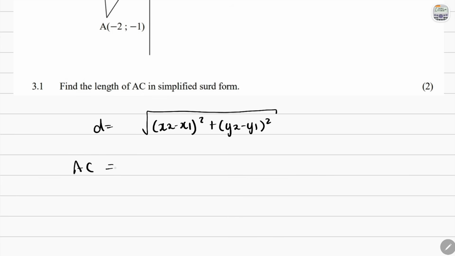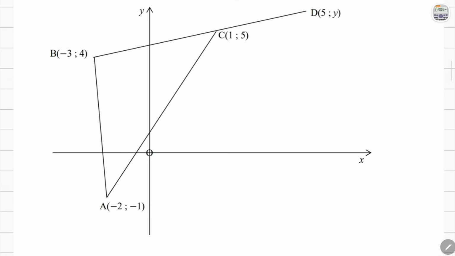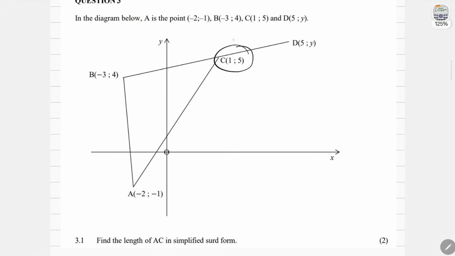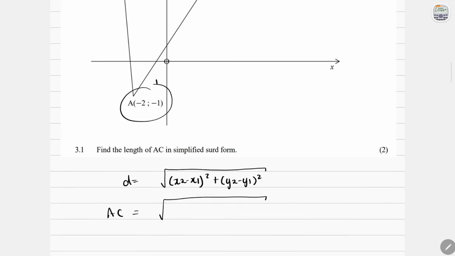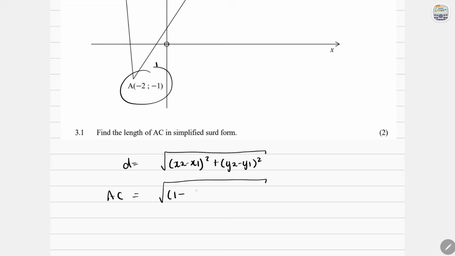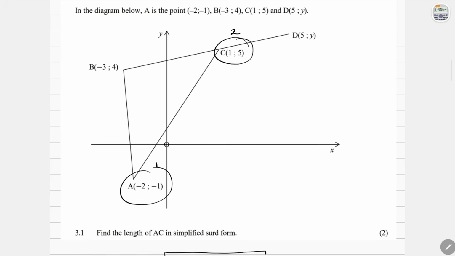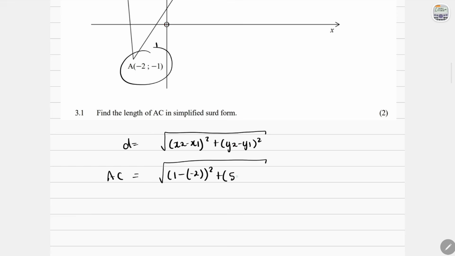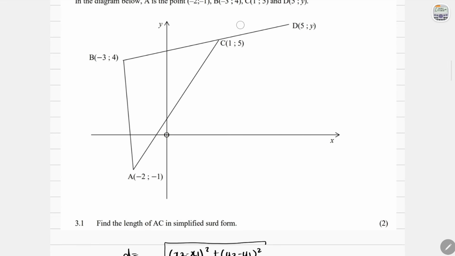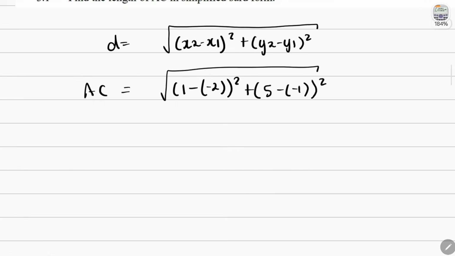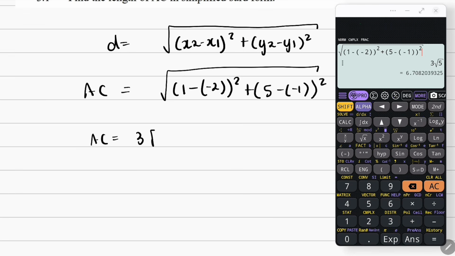So AC equals, taking this as point number 2 and this as point number 1, x2 is 1, so 1 minus x1, which is negative 2, all squared, plus y2 minus y1, that's 5 minus negative 1, all squared. Just punch that into your calculator, and our final answer is 3 square root 5 units. And that is it for this question.